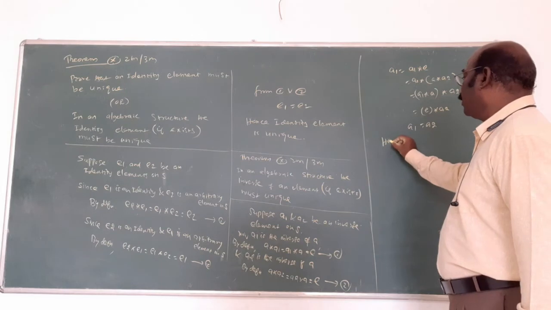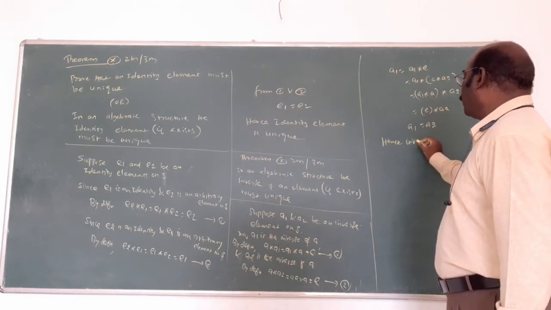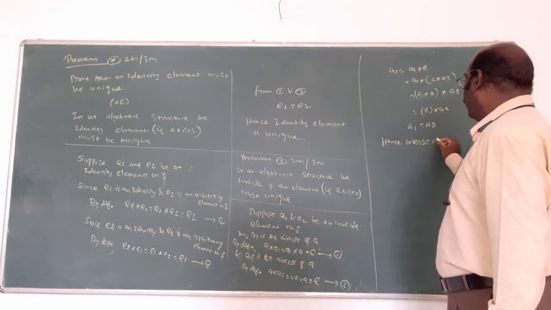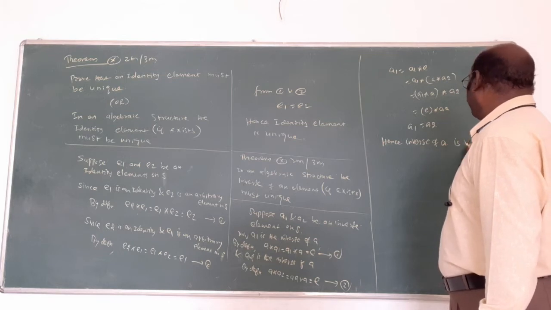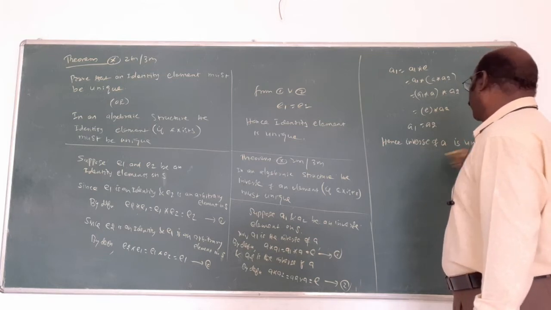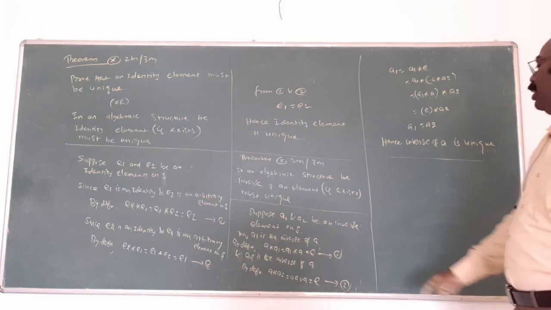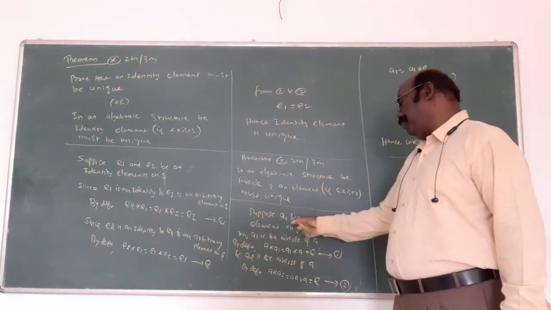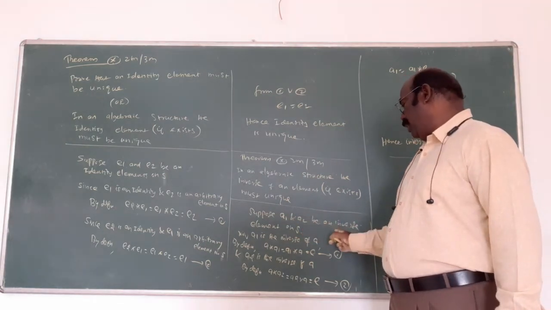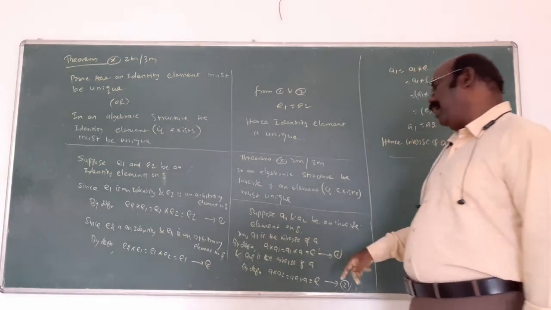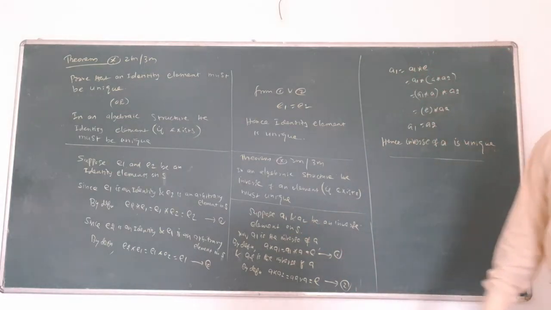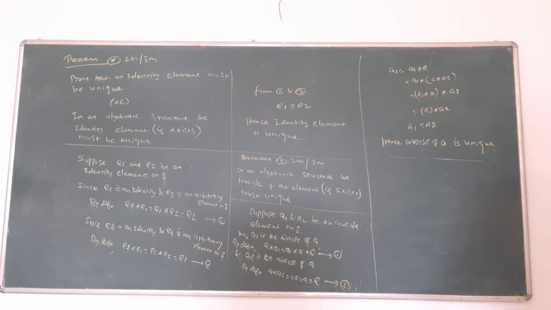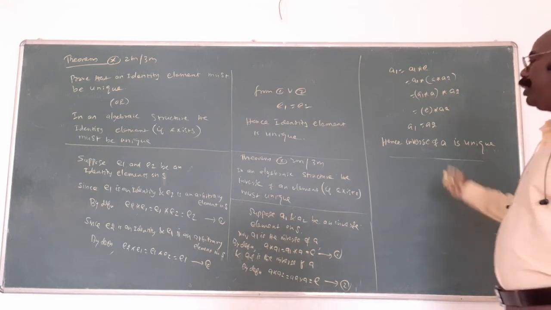I assumed A1 and A2 are inverses of A, and automatically both are equal. That is the answer. This is the second theorem.